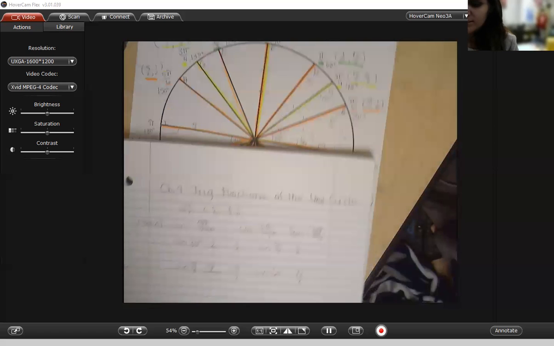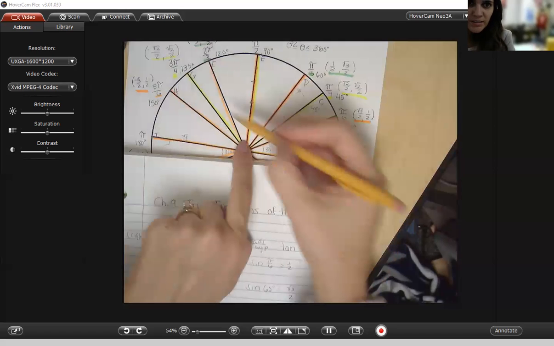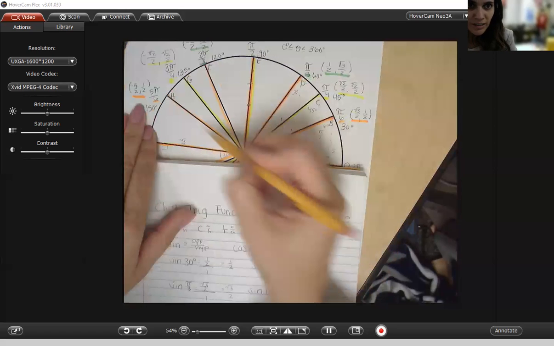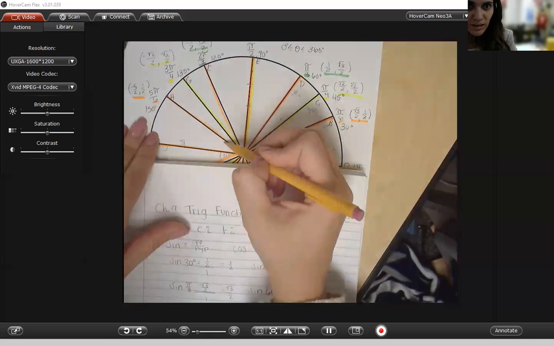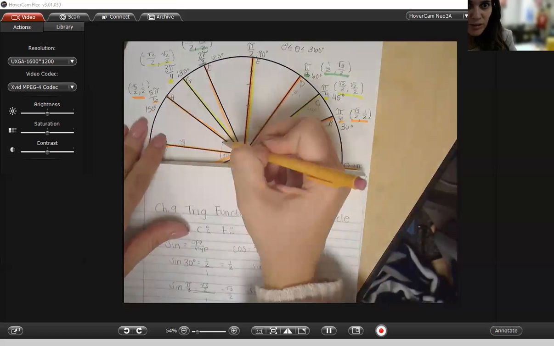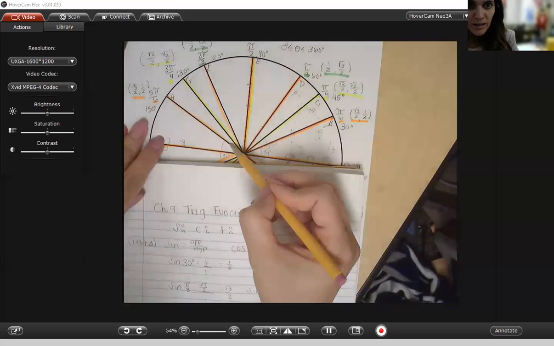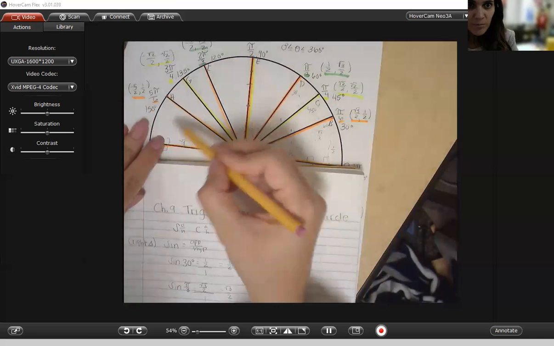Hopefully you notice that the sine is always going to be the opposite. So even if I'm going here at sine 150 degrees, I'm going to be looking right here at the opposite side. If I were to create that right triangle, SOHCAHTOA only works in right triangles, and I'd be looking at the opposite over the hypotenuse.